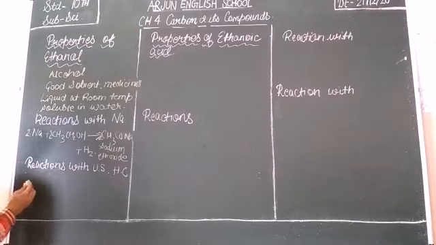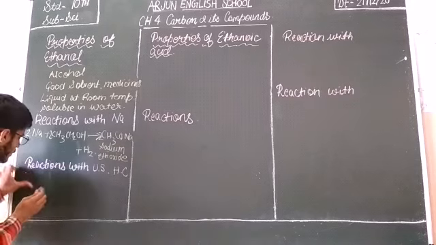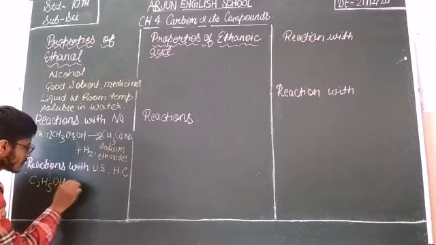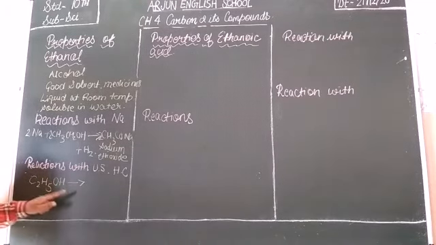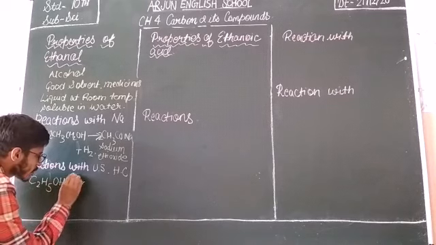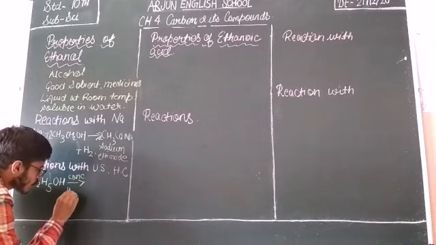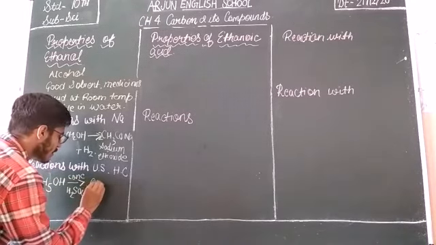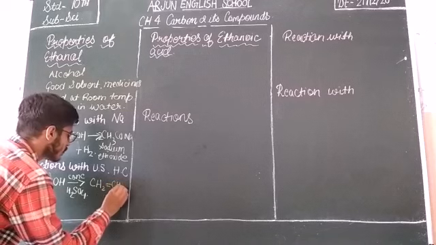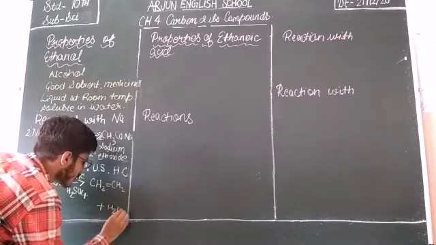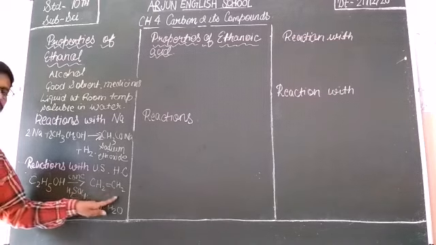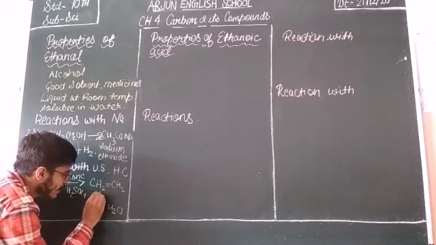Now when ethanol C2H5OH reacts at 443 K with concentrated H2SO4, sulfuric acid, the resultant will be CH2 double bond CH2 plus H2O. What is it? It is ethene.